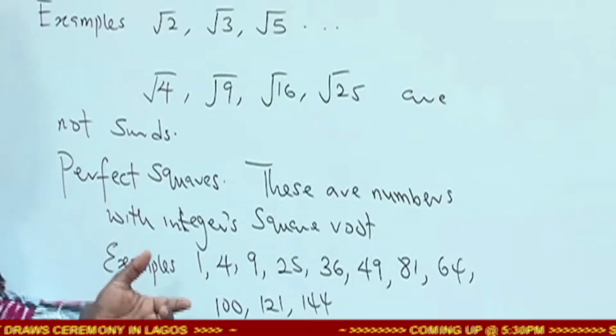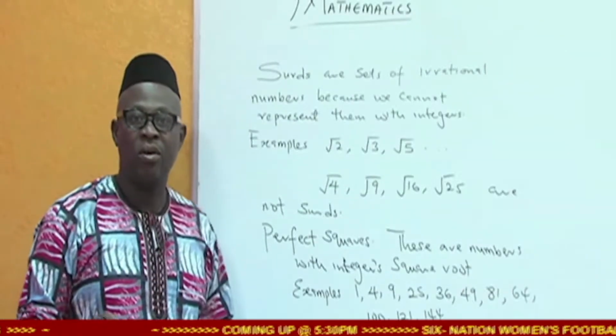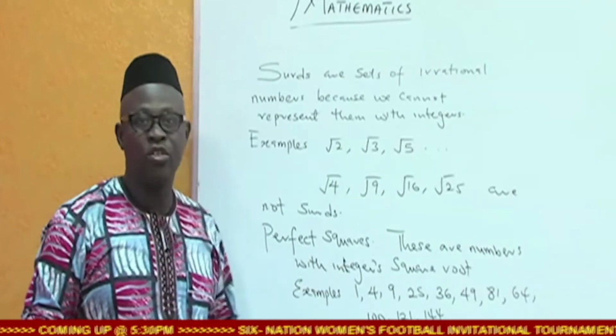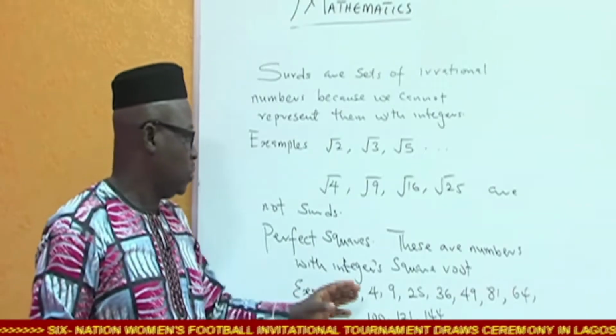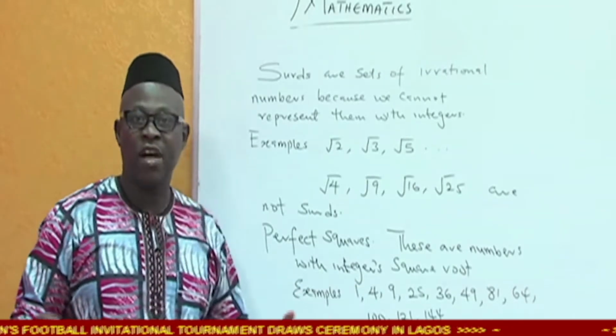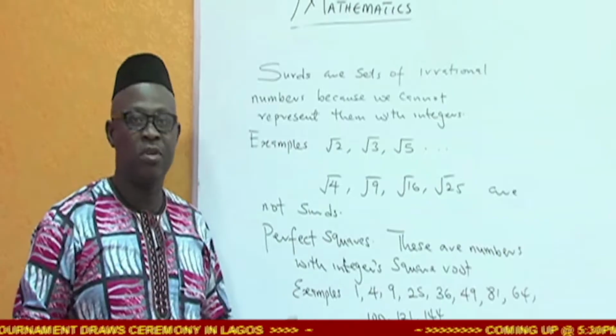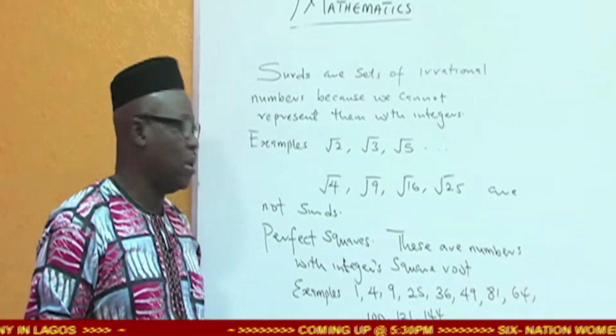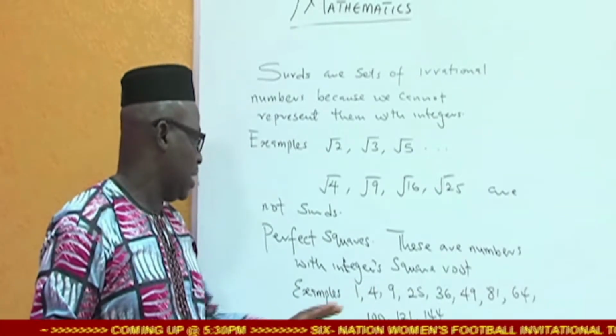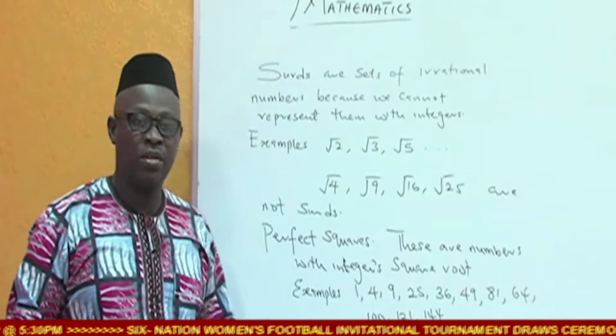Anytime I need to simplify a surd, these are the numbers I have to put into consideration. If any one of them is a factor of the surd I need to simplify, then I have to use this particular number. That is, I have to use those ones that are perfect squares.